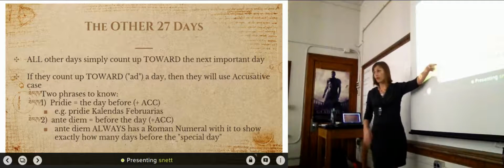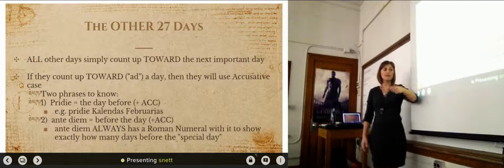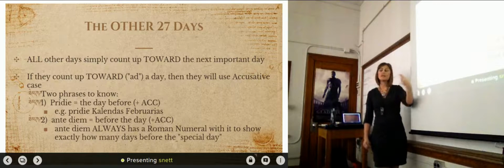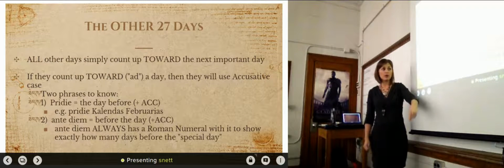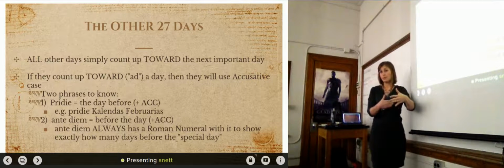So diem, obviously, is accusative. And then we have to figure out how many days we have until the next special day. So there's ante, diem, and then a Roman numeral, and then you say what the special day is that you're counting up to.